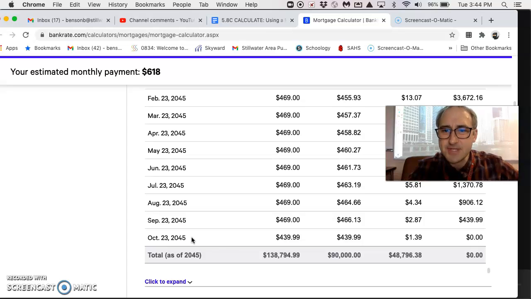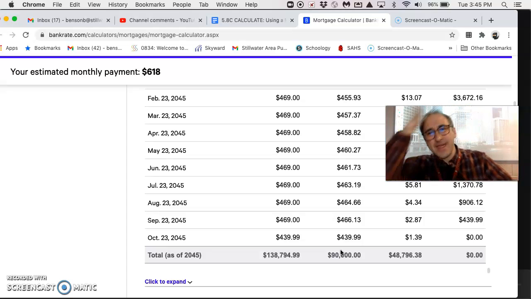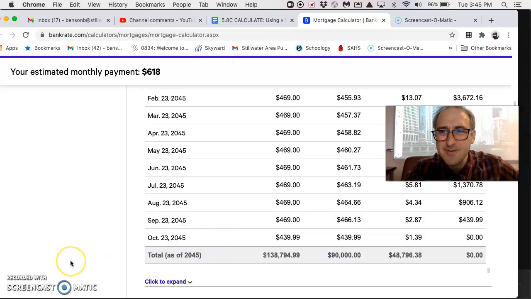It's a $90,000 house, but I end up paying $138,000. Why did I pay so much more? Or why did Carolyn pay so much more? Like $40,000 more? Was she crazy? Oh yeah, interest. You have to pay interest because it's not our money. Wow. Houses are more expensive than even the sticker price.